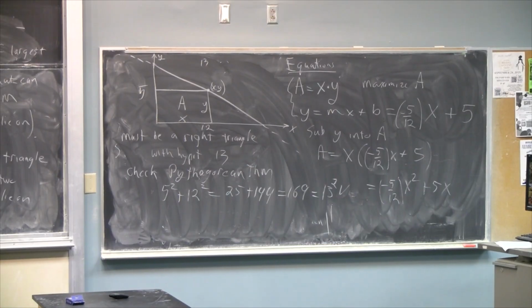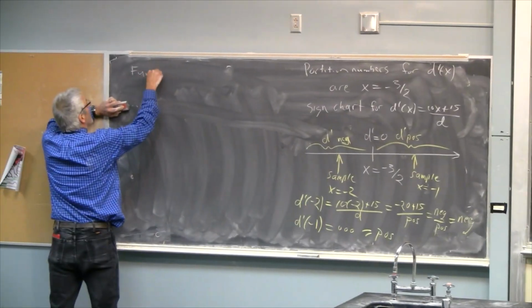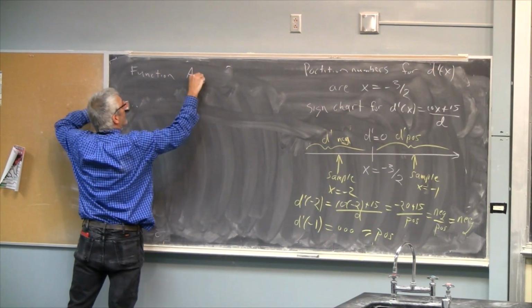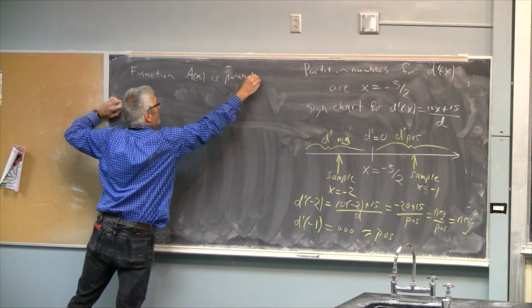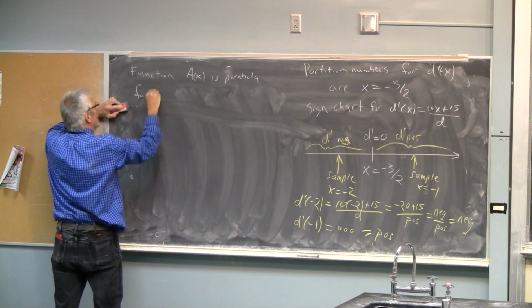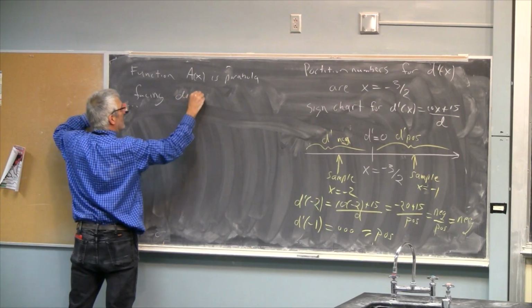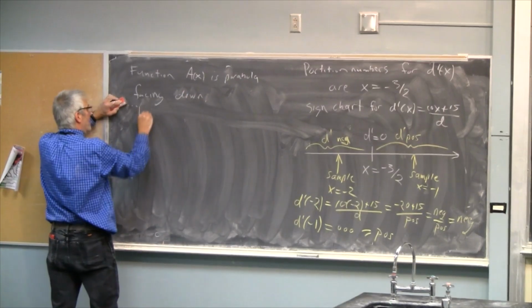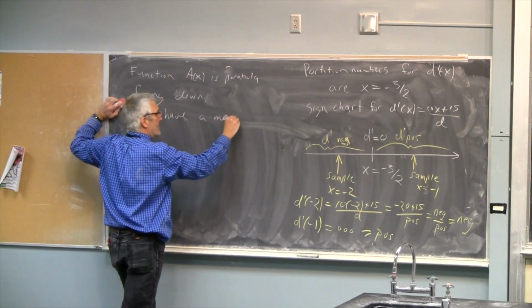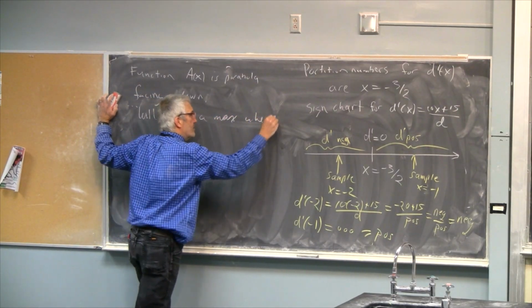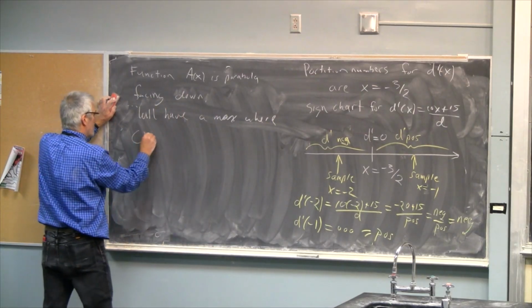Okay, so the function A of x is a parabola facing down. So it will have a max where 0 equals A prime.